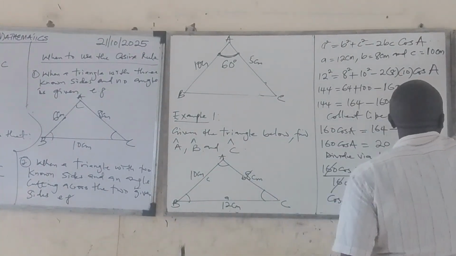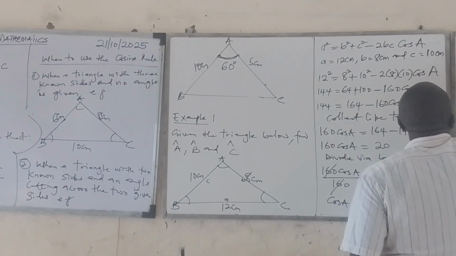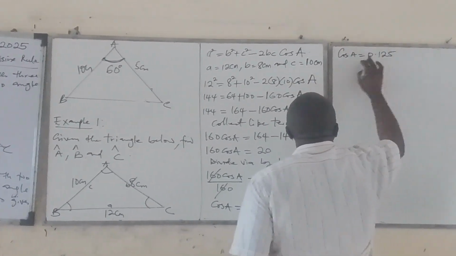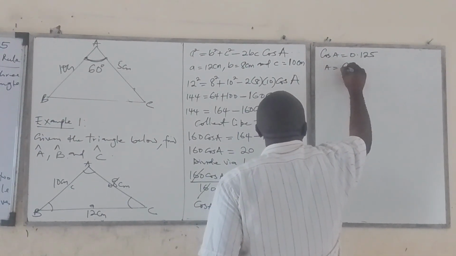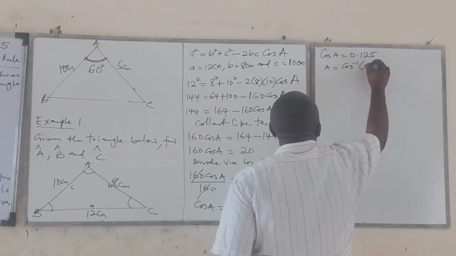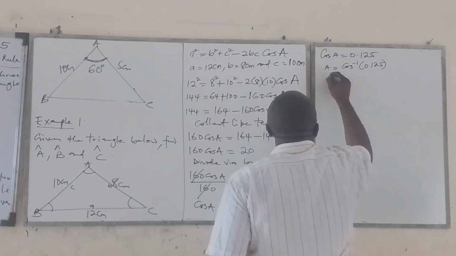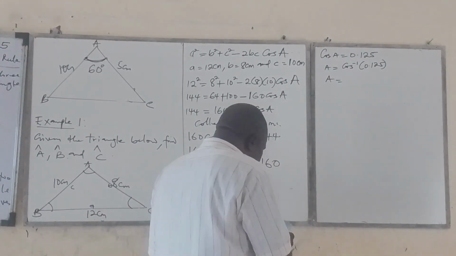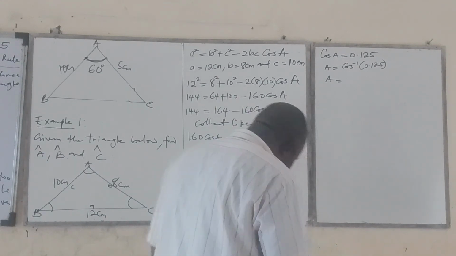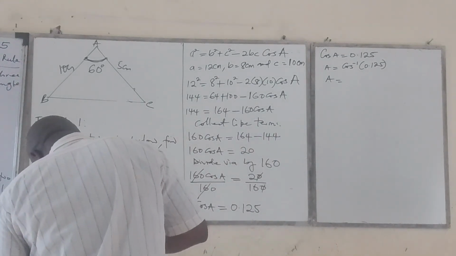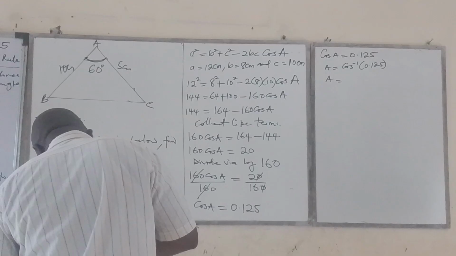If cos A is equal to 0.125, it means our A will be the cos inverse of 0.125. You go to cos inverse, that is shift cos 0.125.